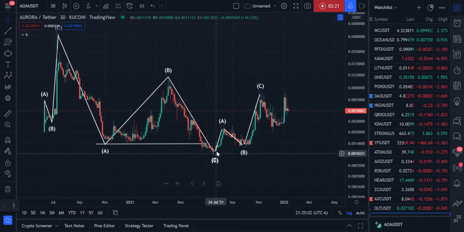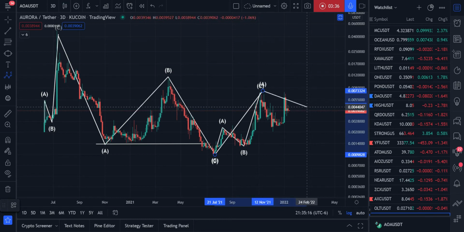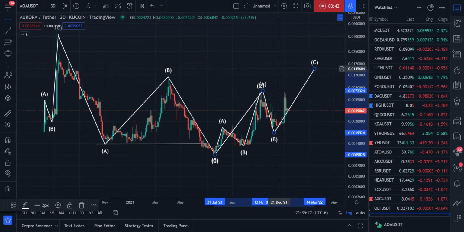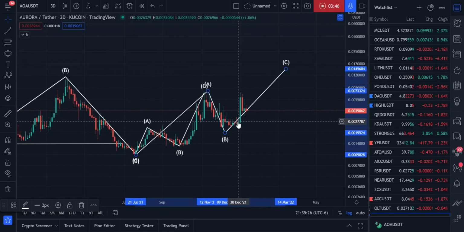So we're likely in an ABC right here, but it doesn't really match up with what we typically would see in this price action. So what that ABC likely is going to be is the sub ABC of the much larger ABC move. You see that? And you say, well, why would that possibility be correct?